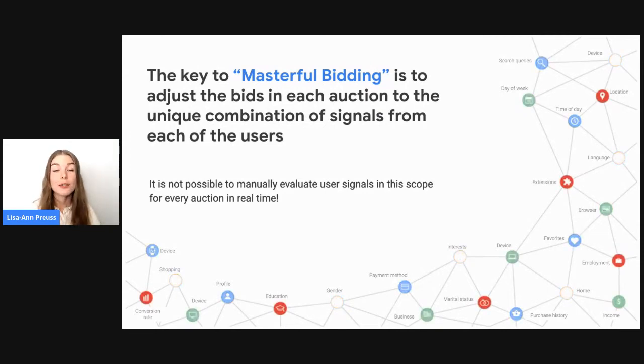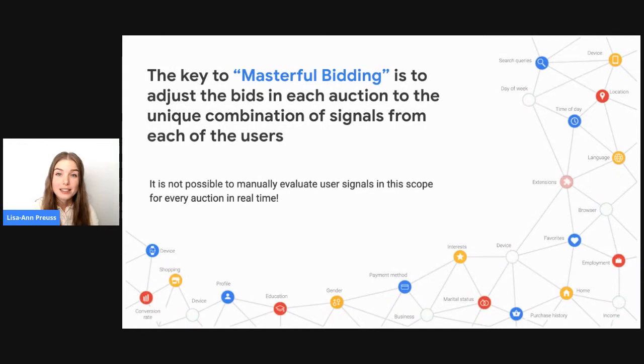And even if you were on Google Ads as an advertiser every day and would be checking out the bids there and adjusting them slightly, there's no way you could do it as precisely as machine learning.